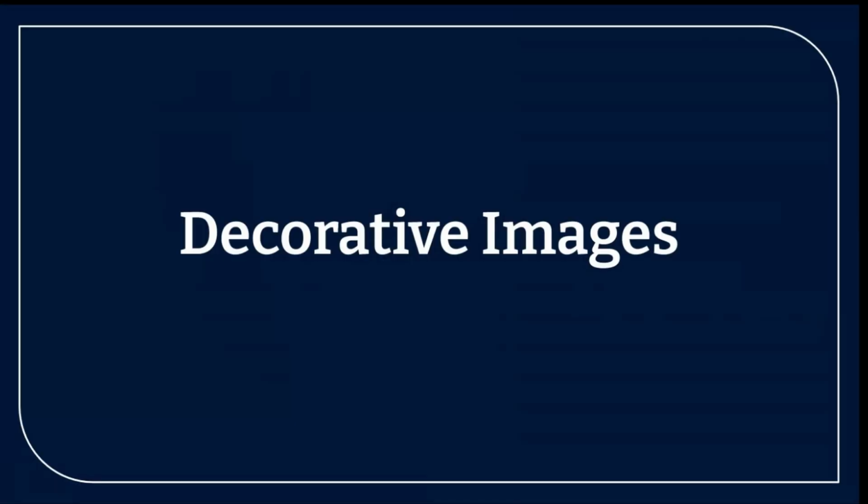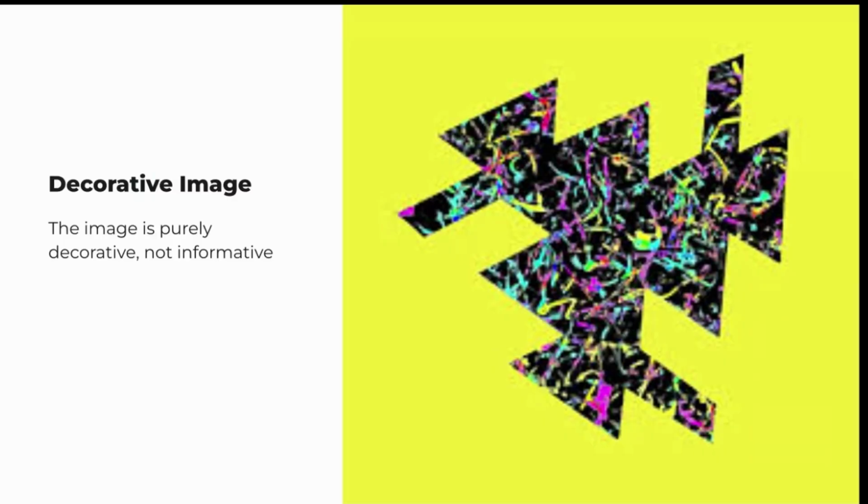So decorative images. These are tricky, and I have opinions, so forgive me ahead of time. If an image is purely decorative and doesn't display meaning, there are several ways that you can tell a screen reader to ignore the image. It might be a border, it might be a spacer, it might be a corner, it might be illustrative of the text around it.